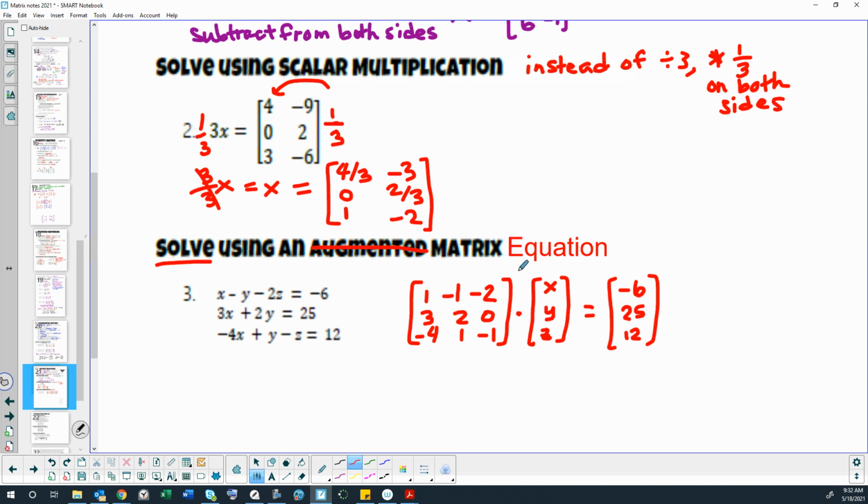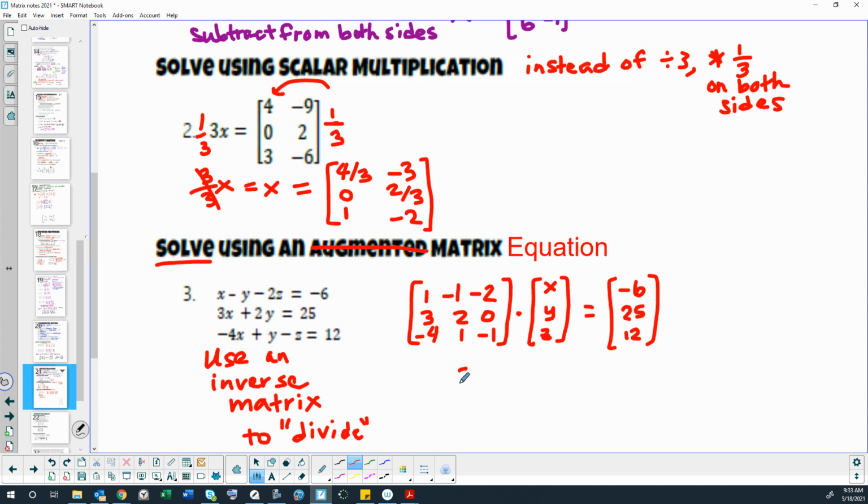So instead of dividing this matrix from both sides, we are going to use an inverse matrix. So I'm going to write that down. Use an inverse matrix, which we learned about last week. We don't really call it division, but basically that's what we're doing, we're trying to divide matrices.